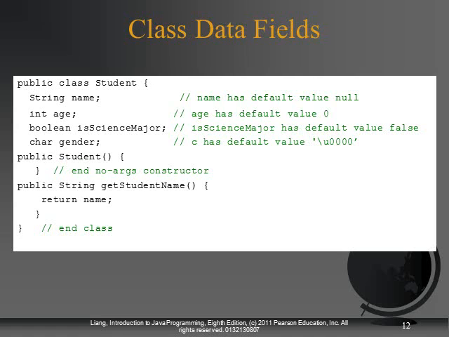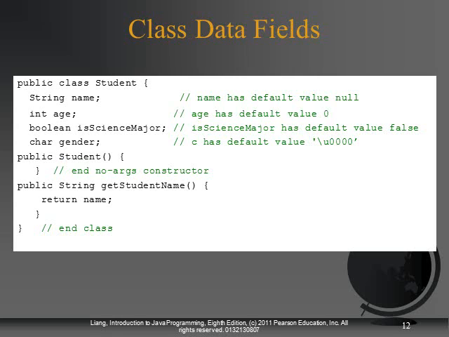Unlike our local or program variables, which require that we explicitly initialize them, class variables take on default values if not explicitly initialized.